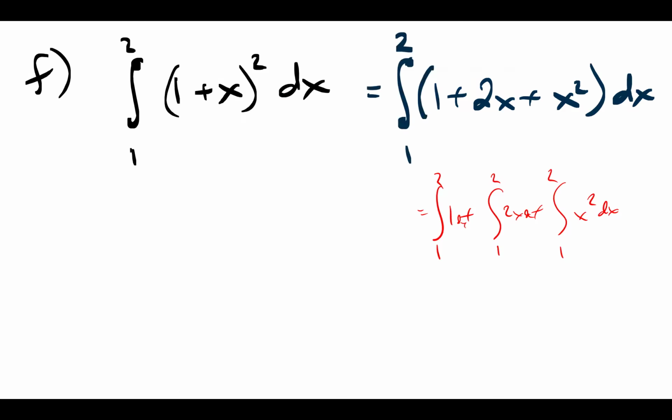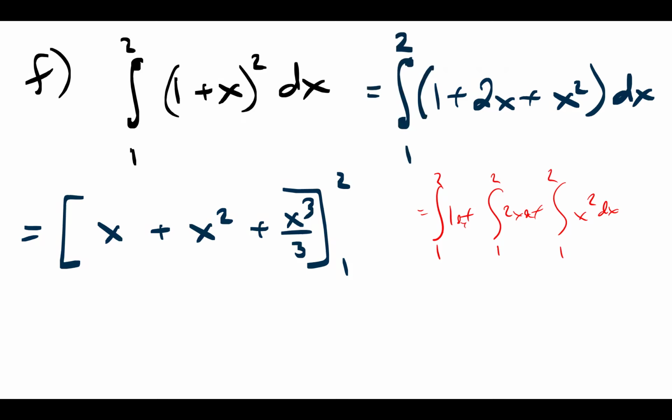Yeah, let's take the antiderivative, and then we're still going to do it for each and every single one anyways, right? x plus x squared plus x to the third over 3. Okay, boom, boom, boom, plus x to the third over 3. I agree with that, going from 1 to 2. And then can you finish it off from there?